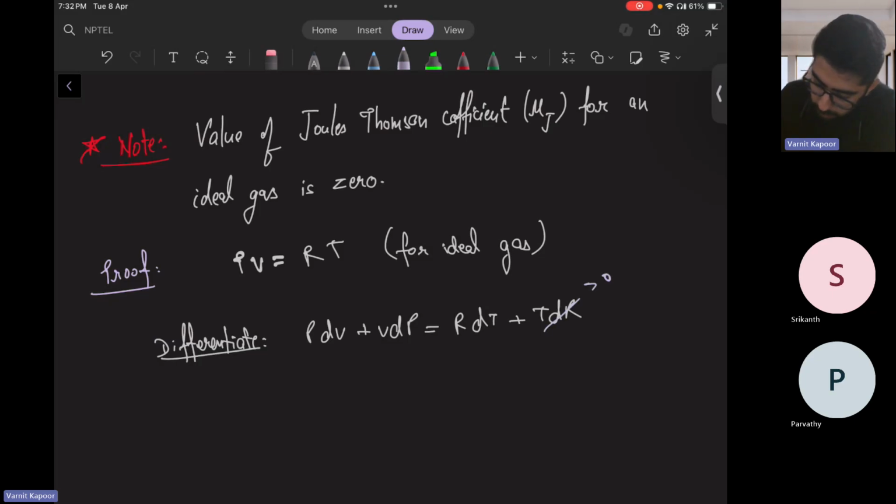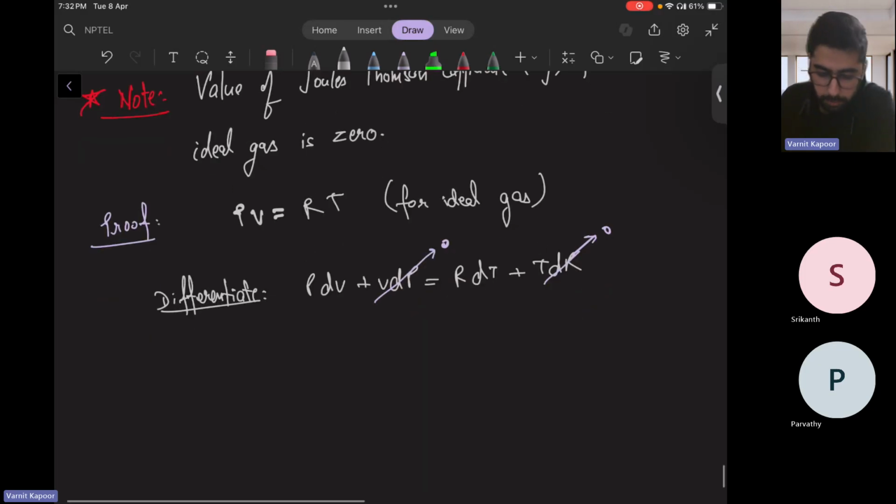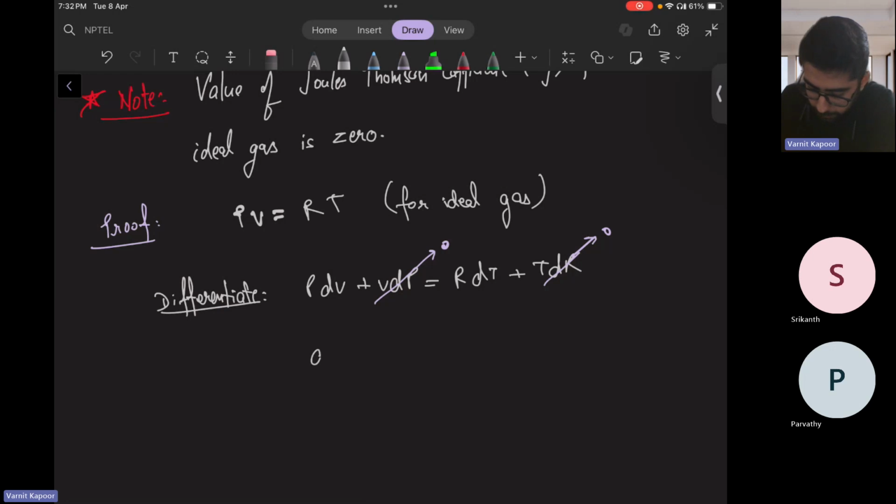Since R is a constant value, its differentiation is 0, and dP will also be 0. Okay, so you are left with PdV is equal to RdT. So dV by dt is equal to R by P for a constant pressure process.